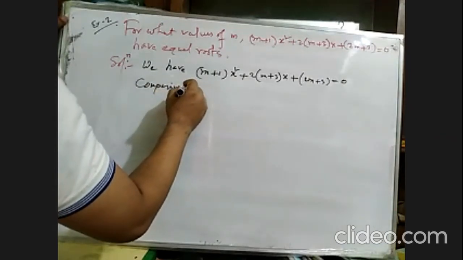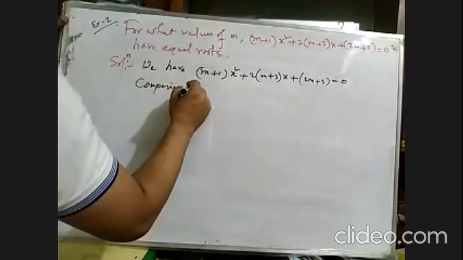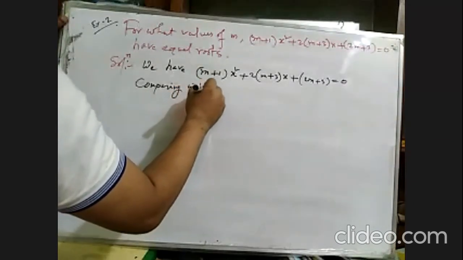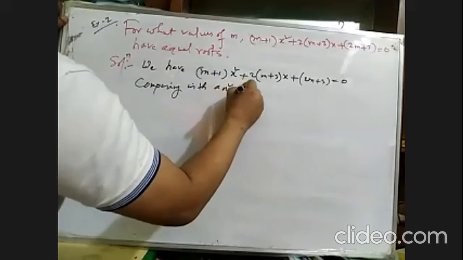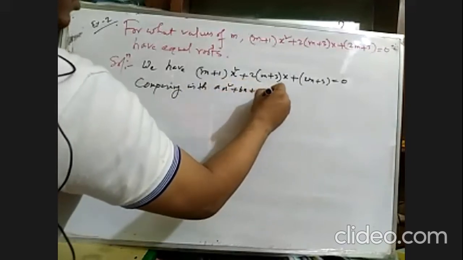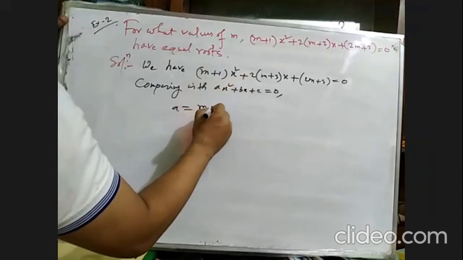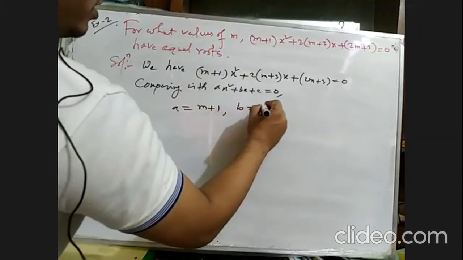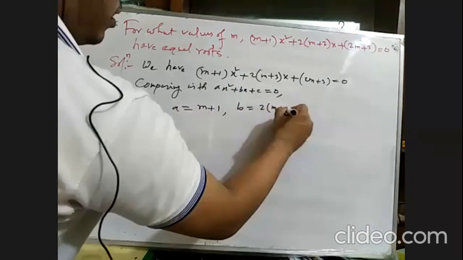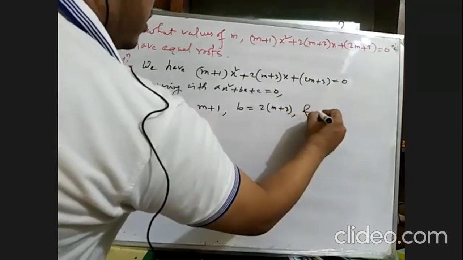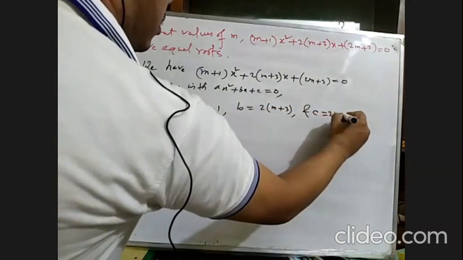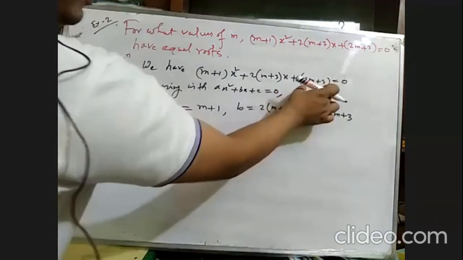Comparing with the standard form of quadratic equation, ax square plus bx plus c equals to 0, a equals to what? Coefficient of x square, m plus 1. B equals to what? 2 into m plus 3. And c equals to what? This is the constant term, c.